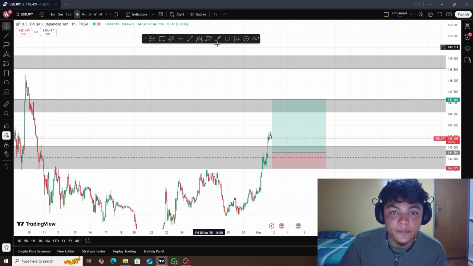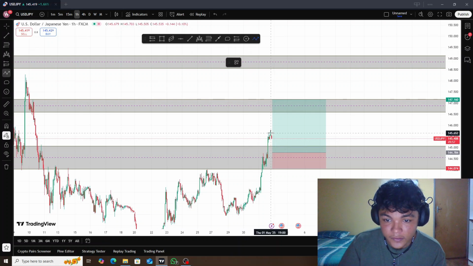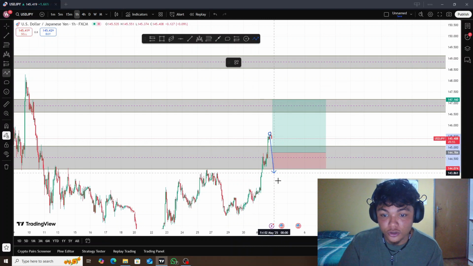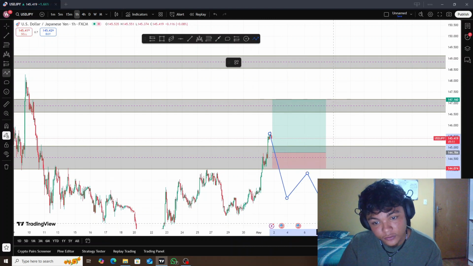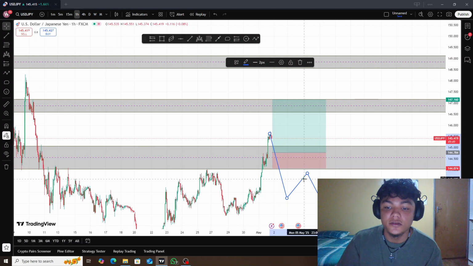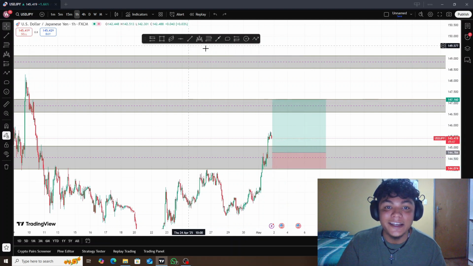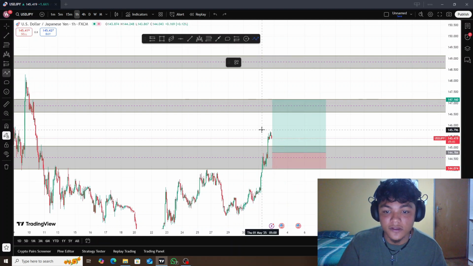What can happen is this: the market is going to break through the resistance or continue down, or it's gonna retest. What's most likely going to happen, it's gonna retest.